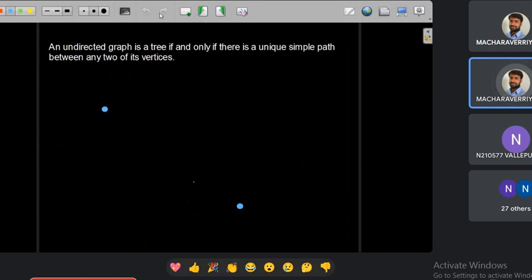So what we are going to do is fix one point. For example, when you speak about family, you may take one person and their children, and their children's children, like that you can talk of it. You may take your grandfather and see their family.